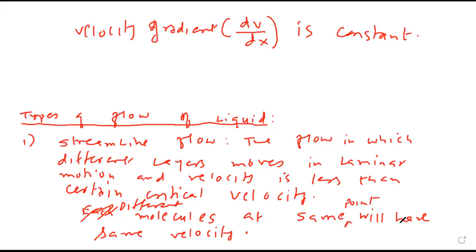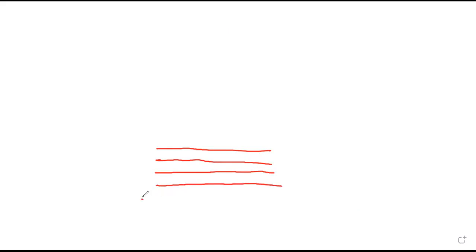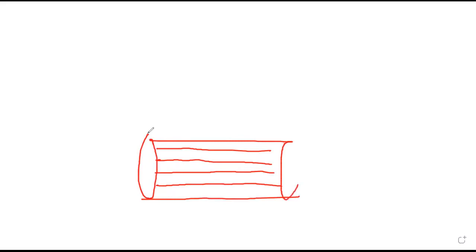Now see what is the meaning of this. Suppose this is one layer of liquid, this is second layer, this is third layer, and so on, and this is the final layer. It is moving through a pipe.